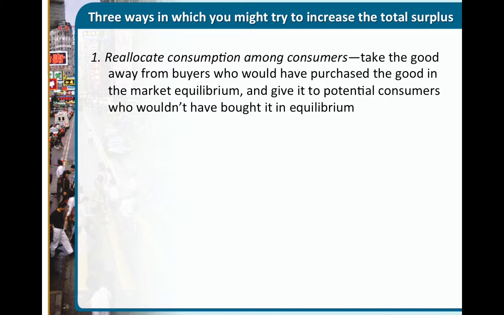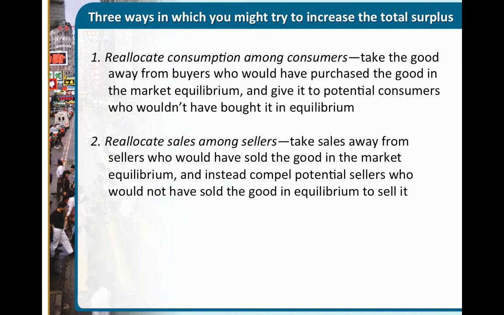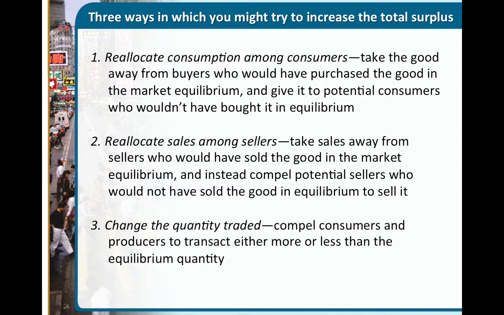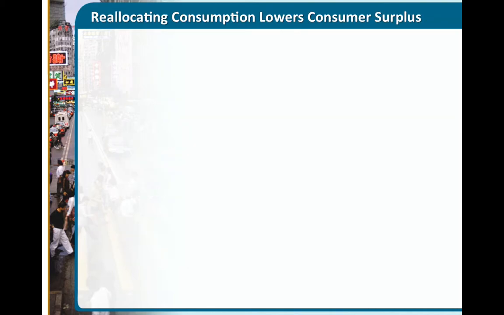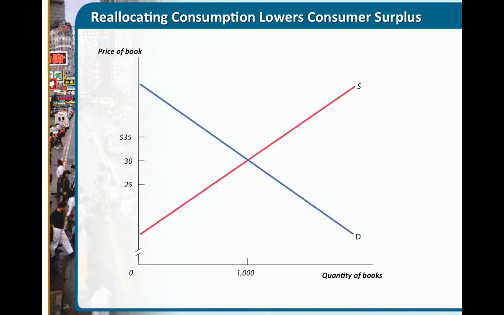So there's 3 ways where you might want to try to increase the total surplus, all of which would fail. If you tried to reallocate the consumption among consumers, if you tried to reallocate sales among sellers, or you tried to change the quantity traded, none of these would increase surplus if price is already at market equilibrium. Remember, equilibrium is the market clearing price.